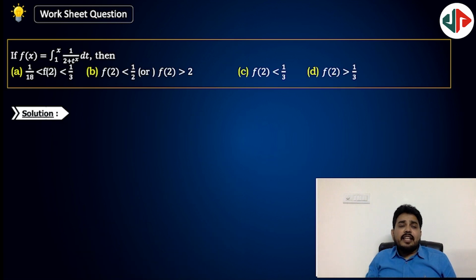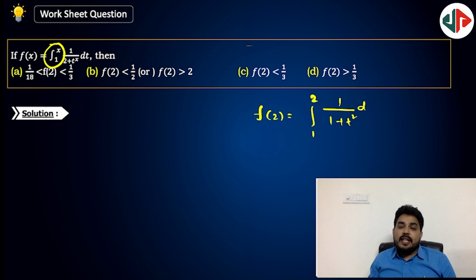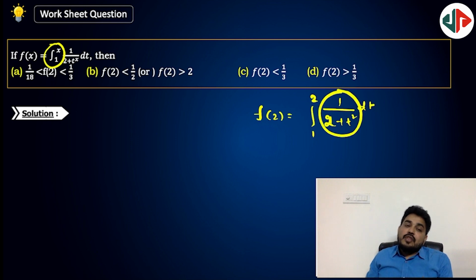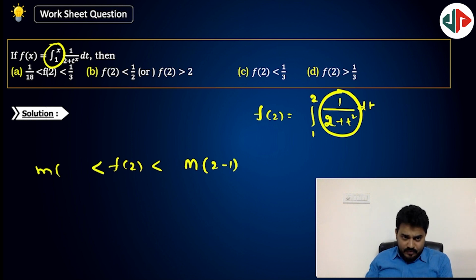See the interval they have given, 1 to x. So here f of 2 is equal to the integral 1 to 2 of 1 by 2 plus t square dt. So this is a decreasing function. So this value f of 2 is always less than the maximum value into 2 minus 1, and this is greater than the minimum value into 2 minus 1.